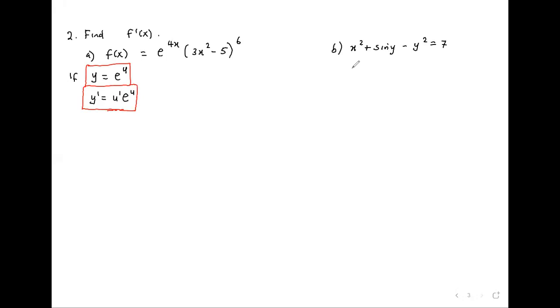That's how you do the differentiation there. In this question, we have a product, so we use product rule. Let u be equal to e to the power 4x and v be equal to 3x squared minus 5 to the power 6.